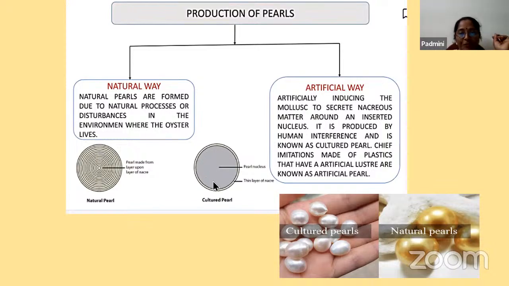Now, this is a cultured pearl. What's the difference between a natural and a cultured pearl? In the natural one, when any foreign particle, any tiny particle, goes inside, it is covered completely by this nacre, or the mother of pearl.